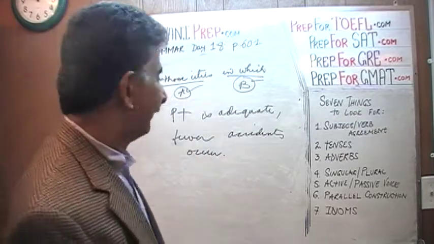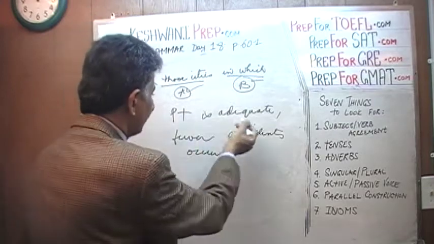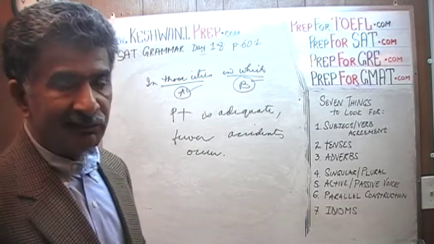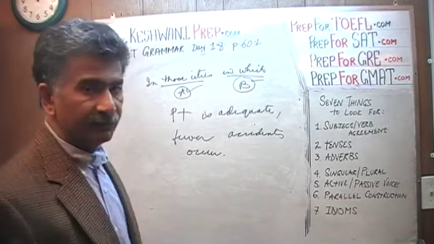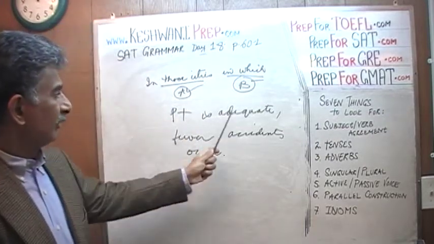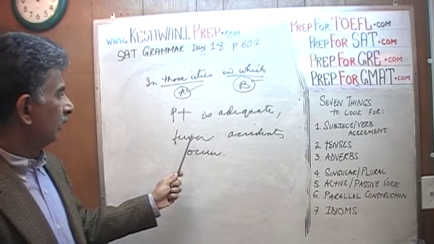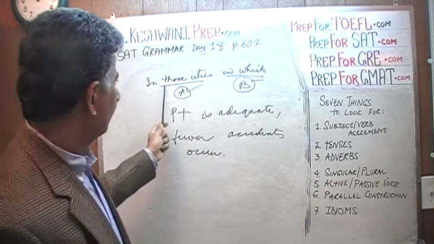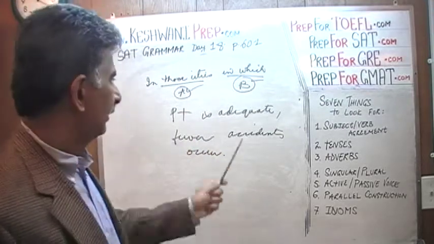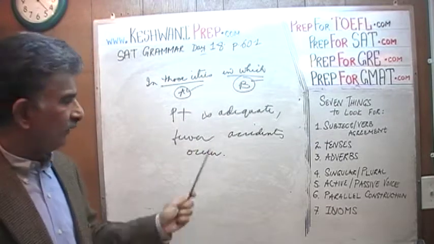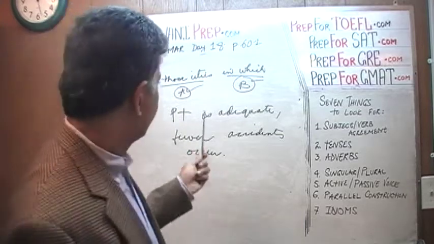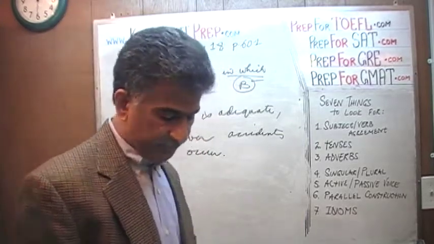In those cities in which adequate public transportation is present, or public transportation is adequate, fewer accidents occur. It's fine. Which tells us that the answer is not A, the answer is not B. Let's keep on going.